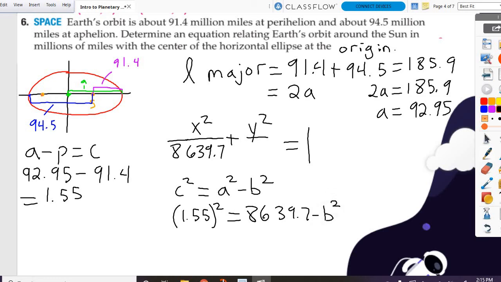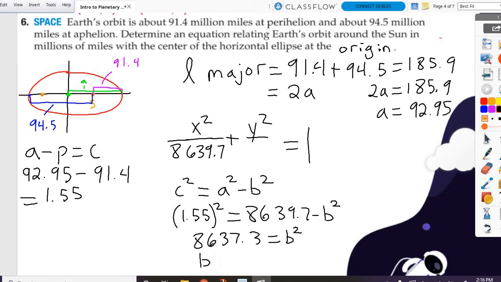So we would square 1.55, subtract 8,639.7, and we are going to get 8,637.3, and that's going to equal B squared.